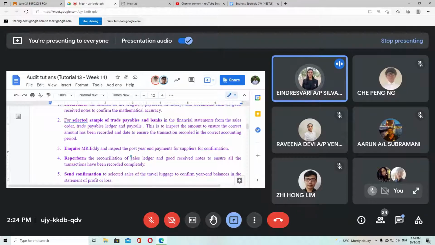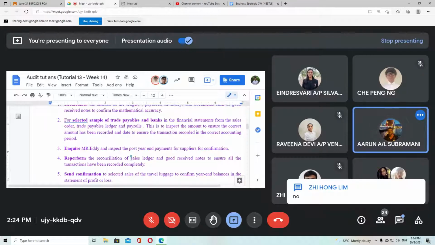In goods received notes, you will only see the quantity. You don't see the RM, while sales ledger, you only see the RM. So can you compare apple to orange? Can you compare apple with orange? No, miss. Then how can you write like this?